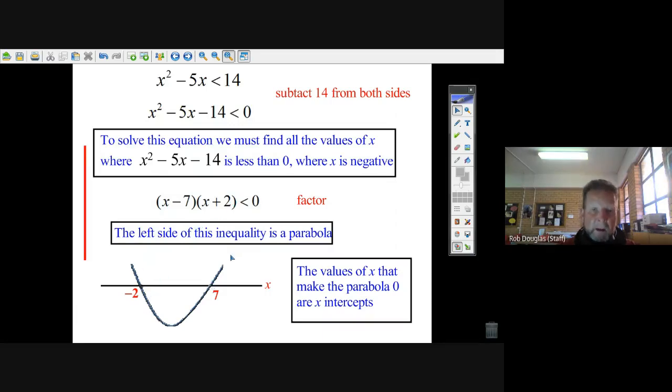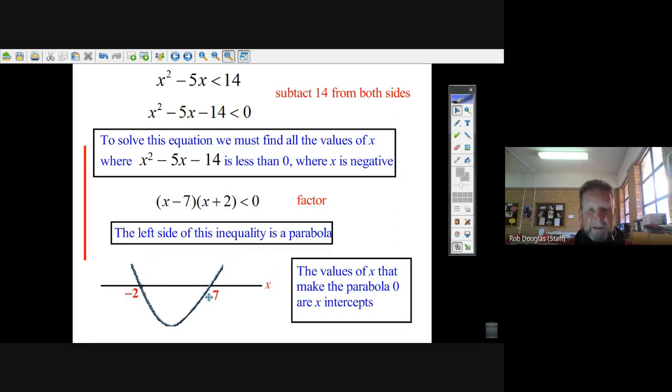So you can just sketch a parabola along a straight line. The two places that would make it equal to 0, which are 7 and minus 2, you put right where the parabola hits the line, which we think of as the x-axis. The values of x that make the parabola 0 are x-intercepts.